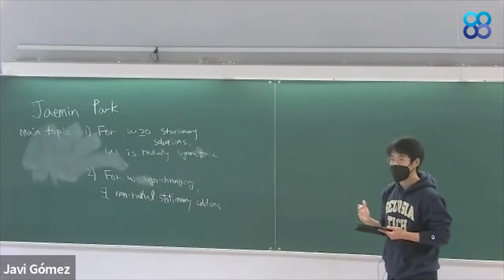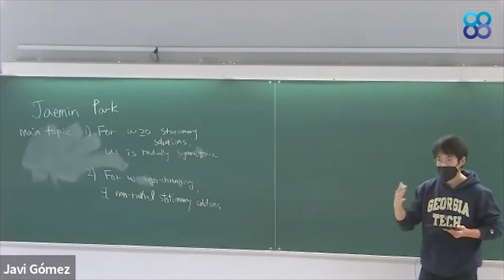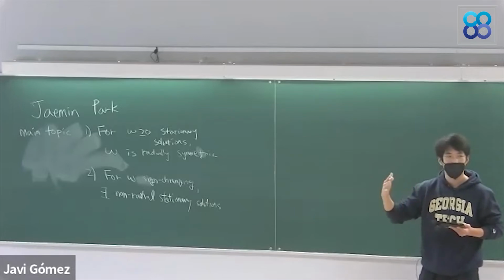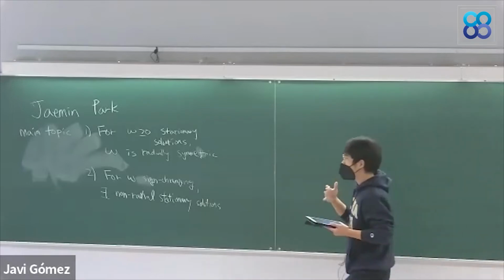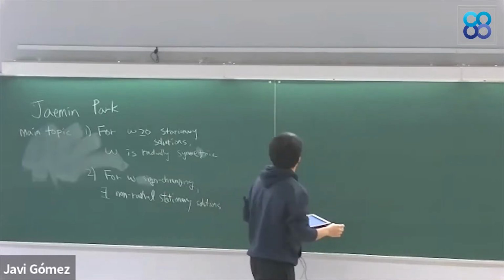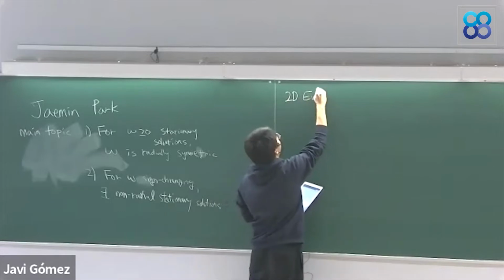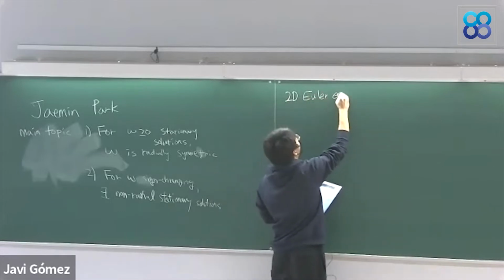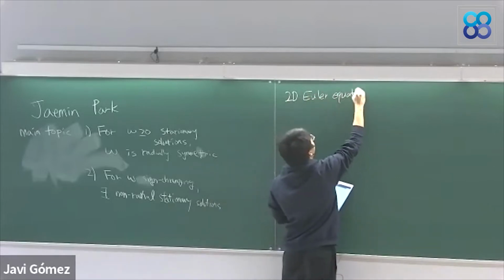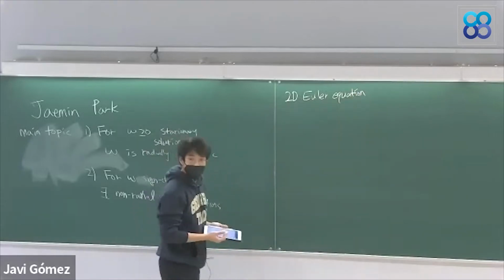Okay, so as far as I know, Javi and Claudia go over some basic concepts about the incompressible flow, but I will just make some concepts more clear. So let's recall the Euler equation. We write the equation in the vorticity form.